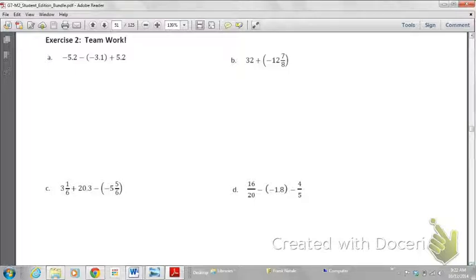This next exercise, exercise 2, is called teamwork, as you can see there. Really a lot of fun in class, and it's something that I will hopefully have you guys doing when you come to class on the Monday following this lesson. The idea is you would get into teams of 3, and each one would have a different color pencil, and you would write down the different steps of the process.